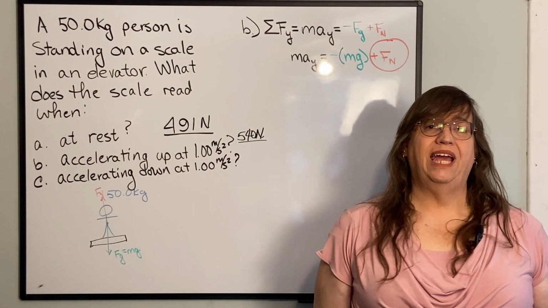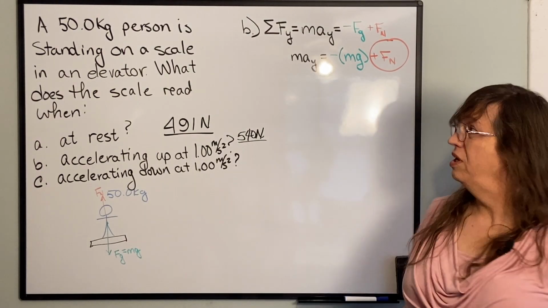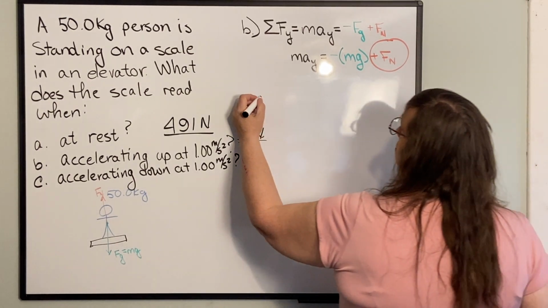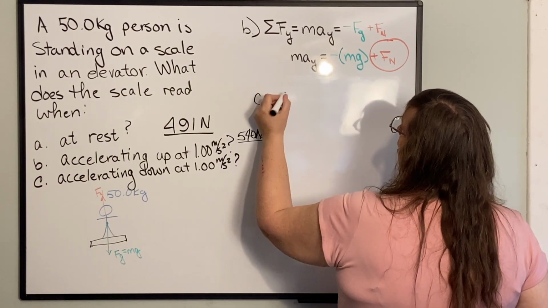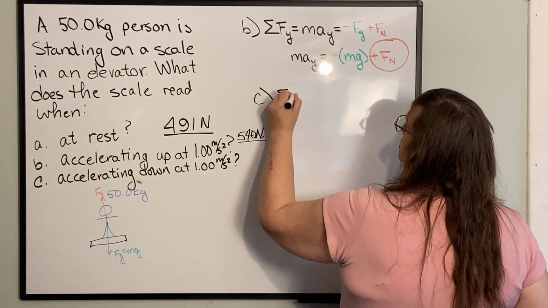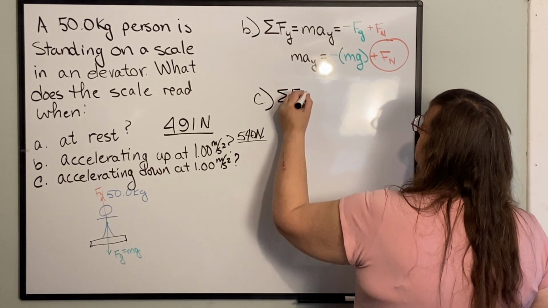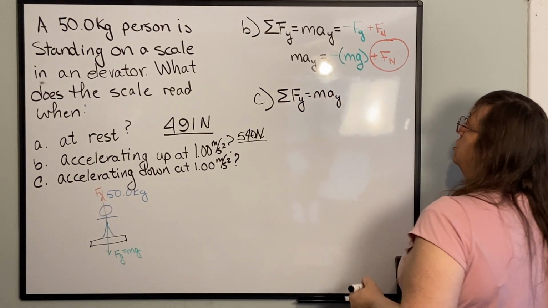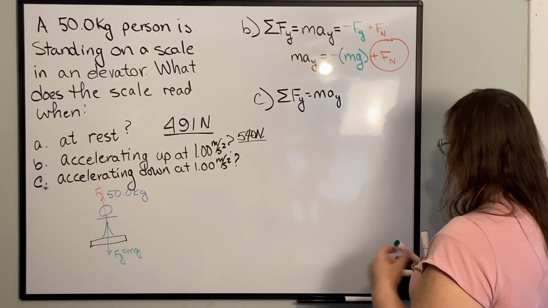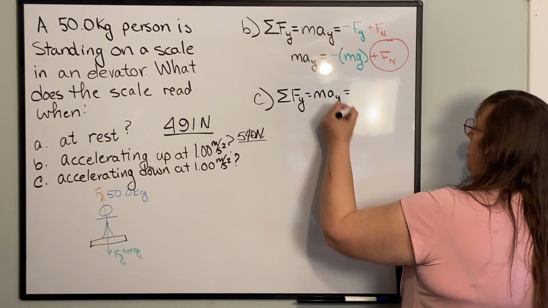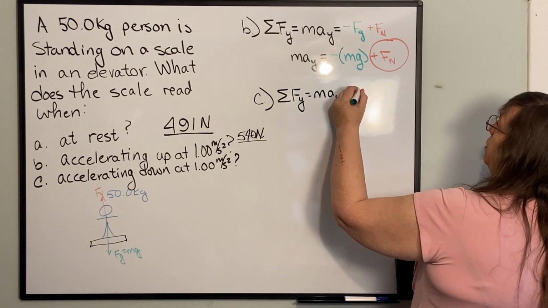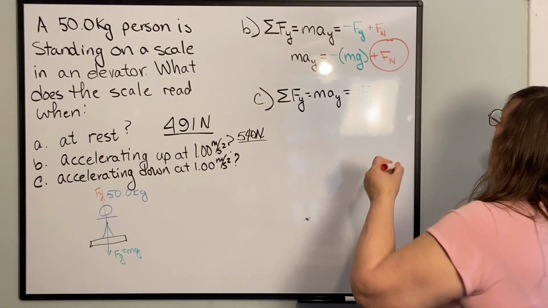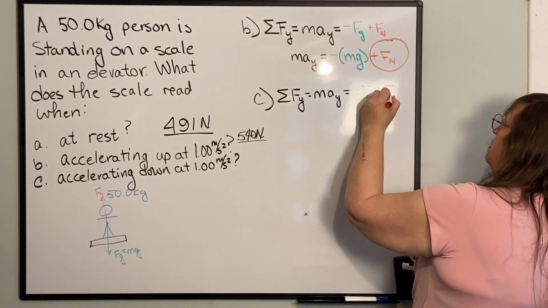Now for part C, I'm not going to go back and totally reinvent the wheel. We're going to leave the equation we started with for B, and we're going to see it's really the same equation. We're going to have the sum of the forces in the y direction has to equal the mass times acceleration in the y direction, it's going to equal a negative gravity and a positive normal force.